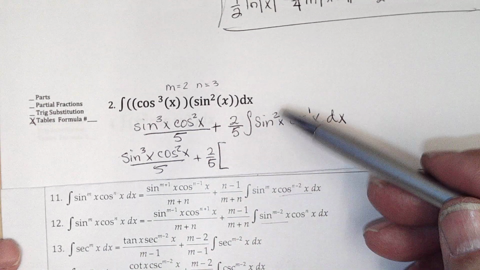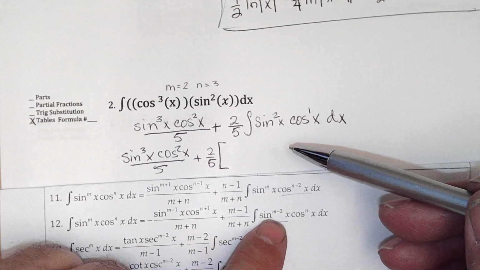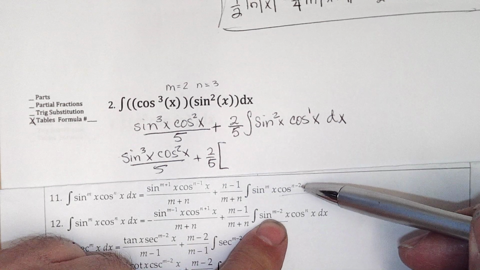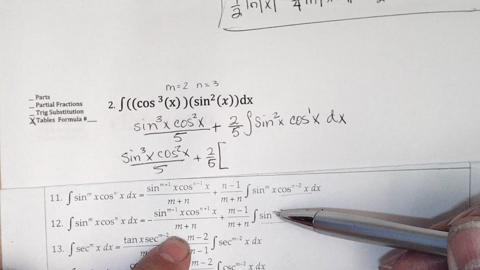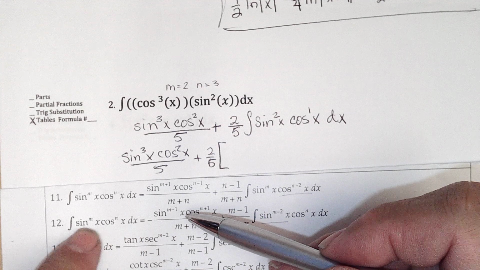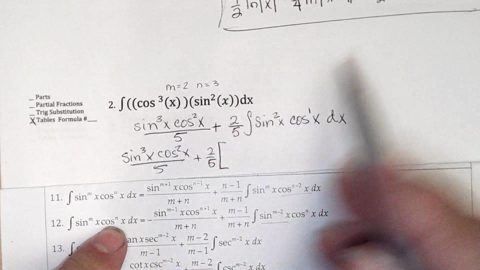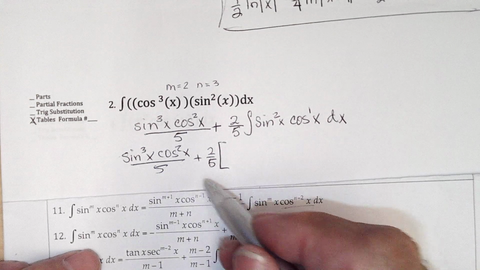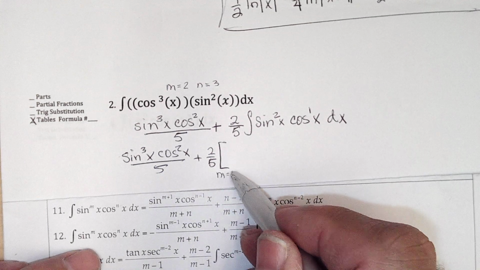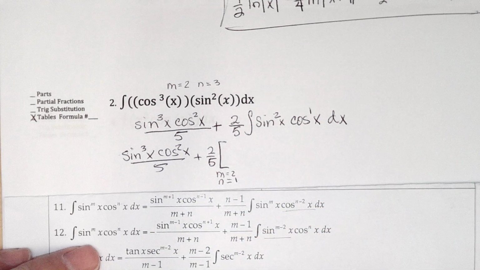And now I'm going to reduce the sine down by using the sine reduction, not the cosine reduction. So now my m is 2 and n is 1. I'm writing those down so I don't forget it.